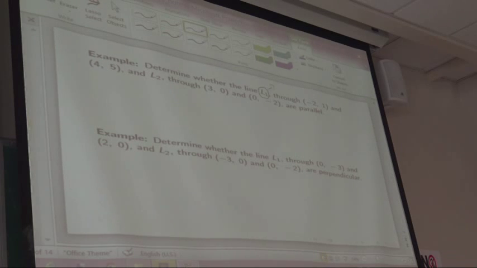L1 has slope M1. L2 has slope M2. Then M1 is y2 minus y1 over x2 minus x1.